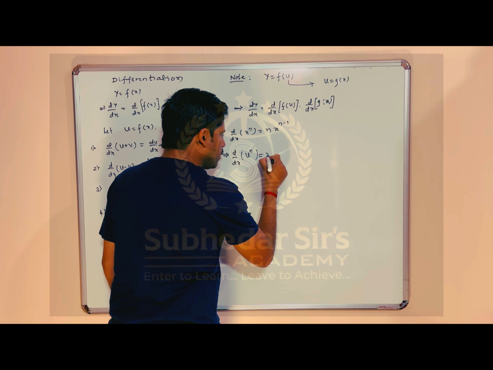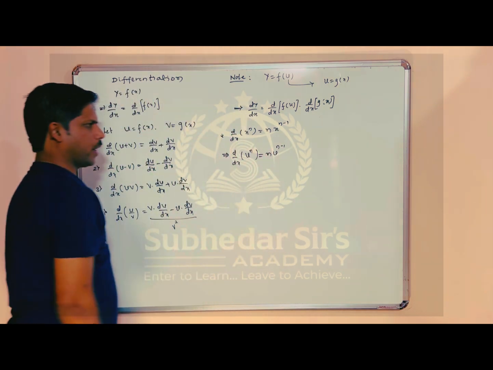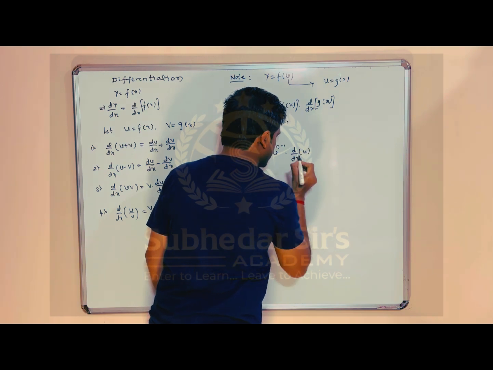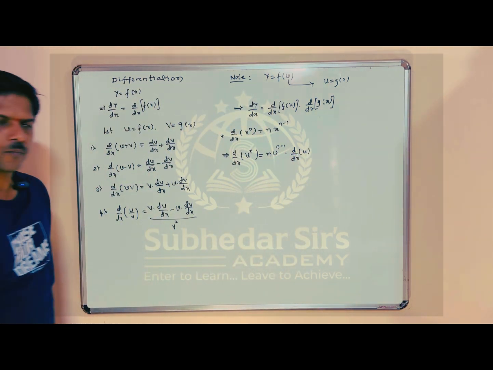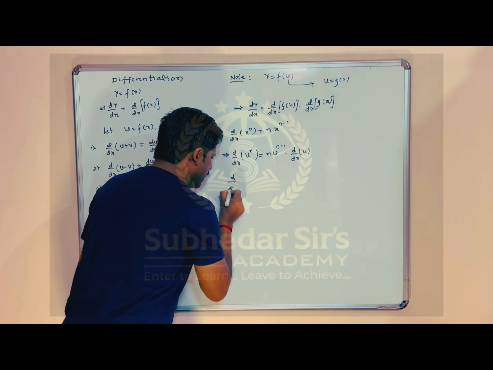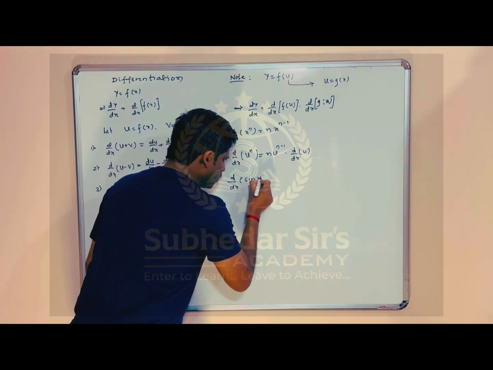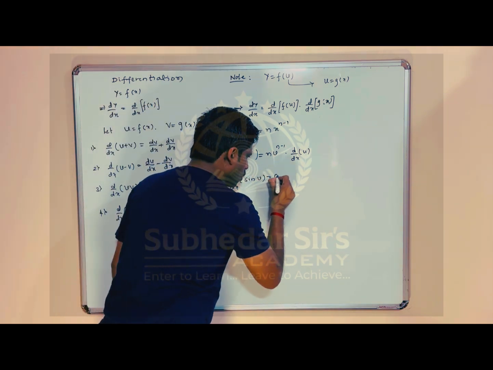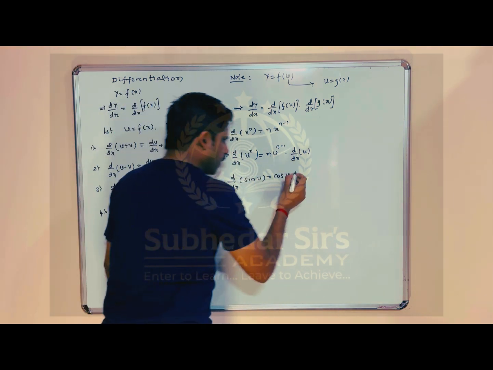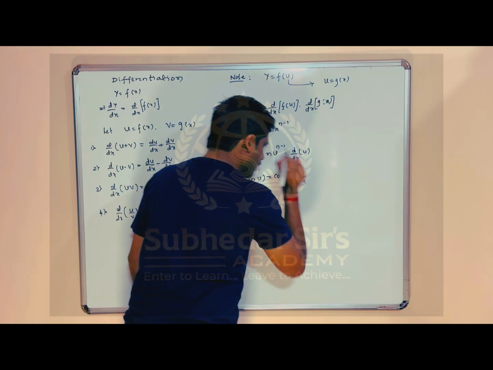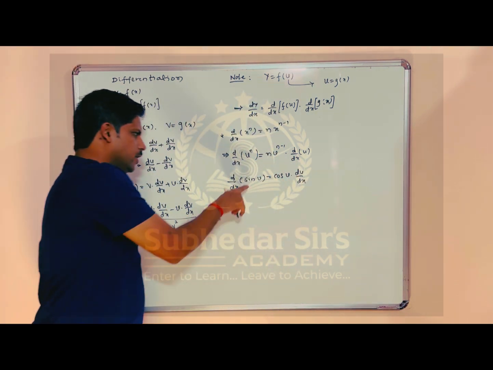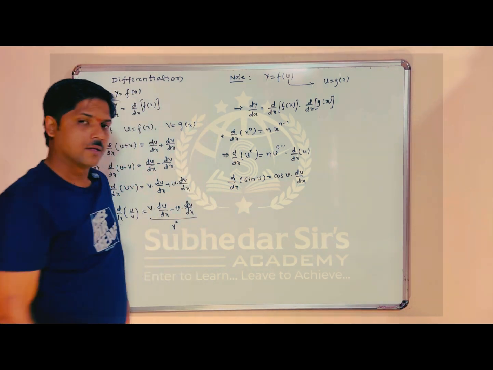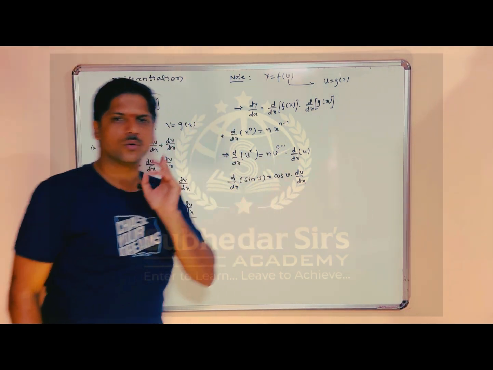That is n into u to the power n minus 1. Again, we have to differentiate the u function, that is du by dx. For example, I will consider d by dx of sin u. Sin differentiation is cos u, and u differentiation is du by dx. As we know, sin x differentiation is cos x. Then what about sin u differentiation? Cos u into du by dx.